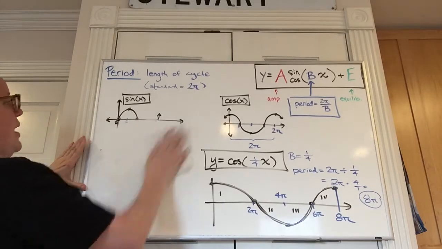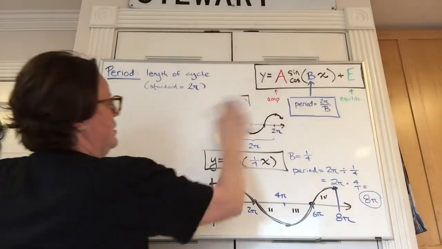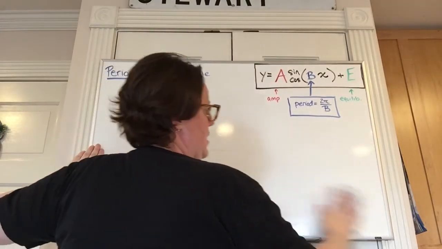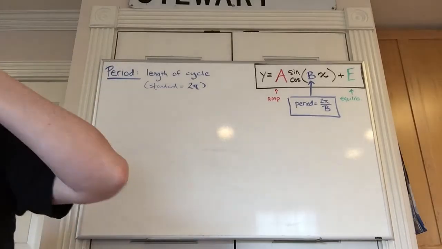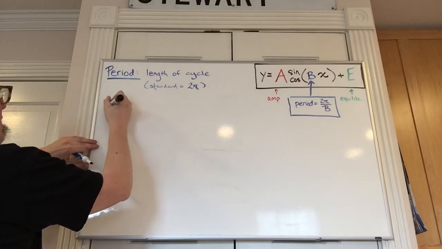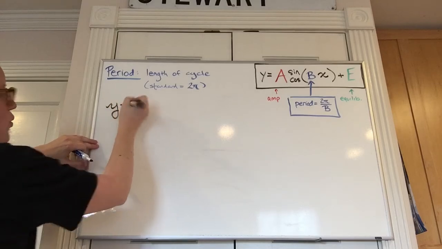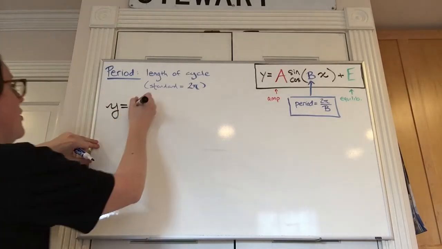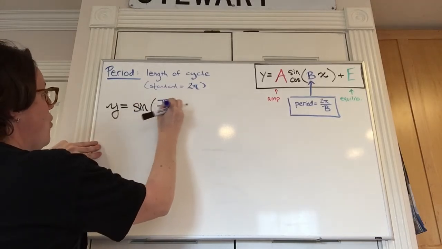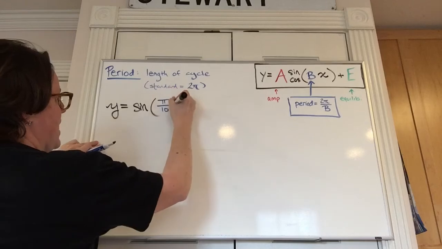So I'm going to erase all of this. And I am going to ask that we consider this equation right here: y equals the sine of pi over 10 times x.